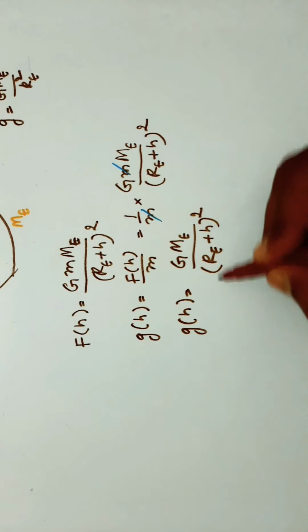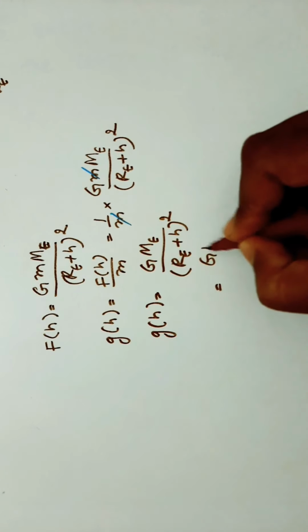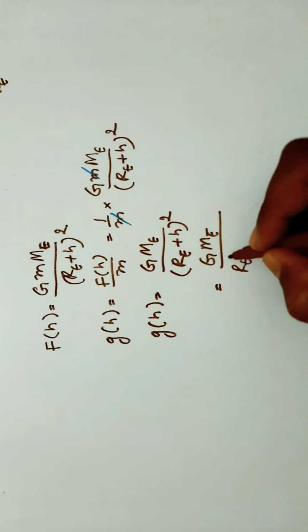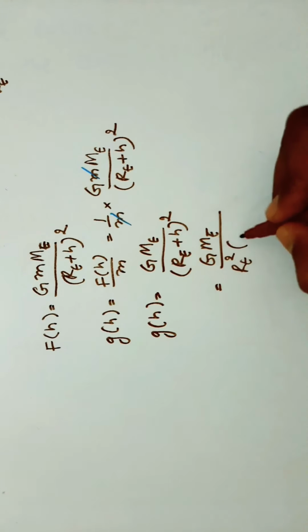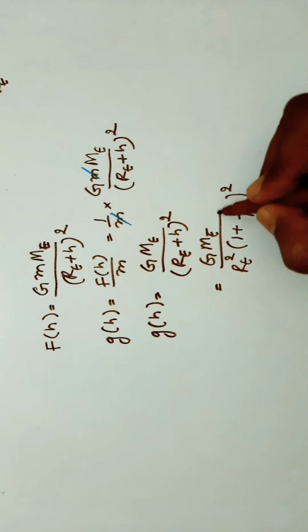Here take Re common. So G Me by, taking Re common, that is Re square, and your remaining term in the denominator is 1 plus h by Re whole square.